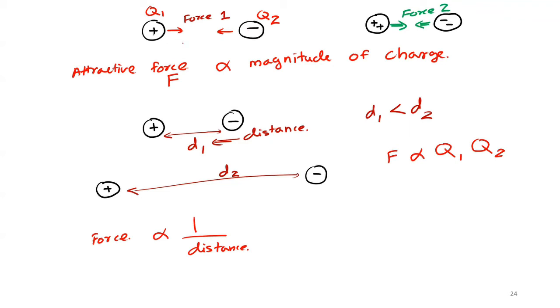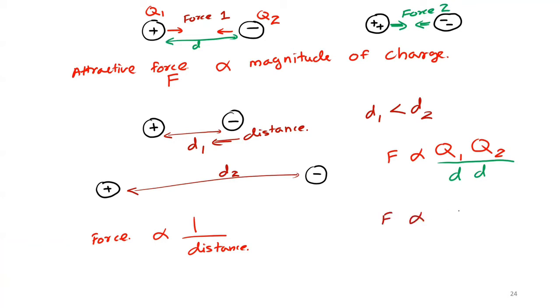So from Q1 to Q2, I have a distance of D, which is an inverse proportionality. And then from Q2 to Q1, I have another D, the same distance. So like this.